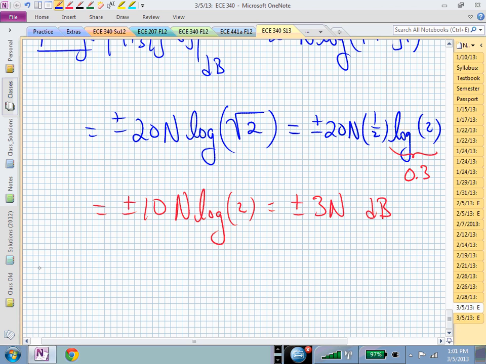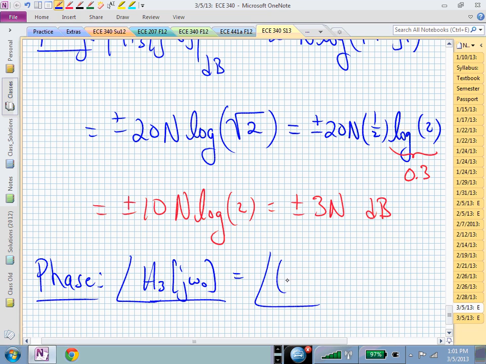We can also look at the phase curve. Right at the break frequency, we're saying what's the angle of this linear factor that could be repeated, zeros or poles, n times.